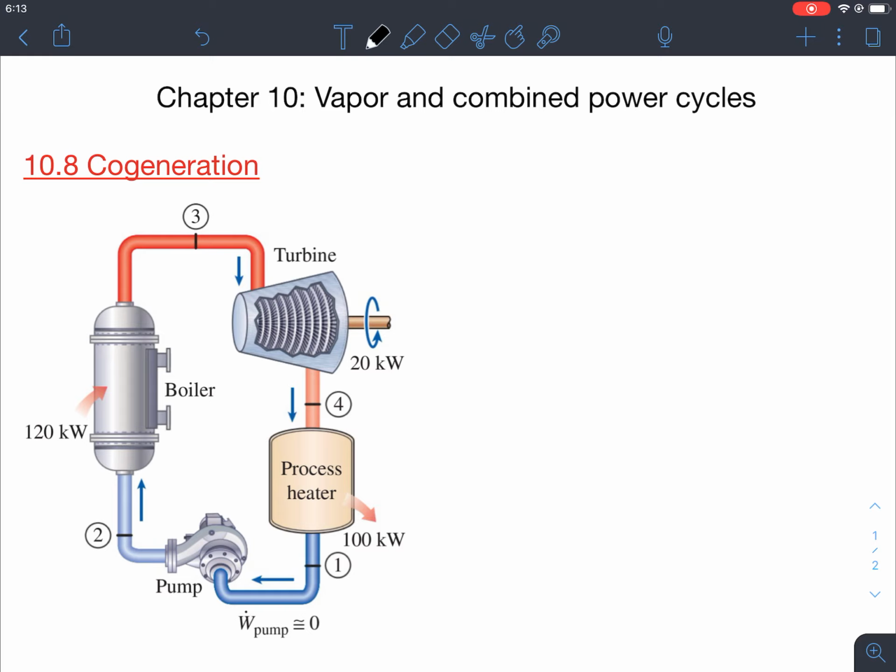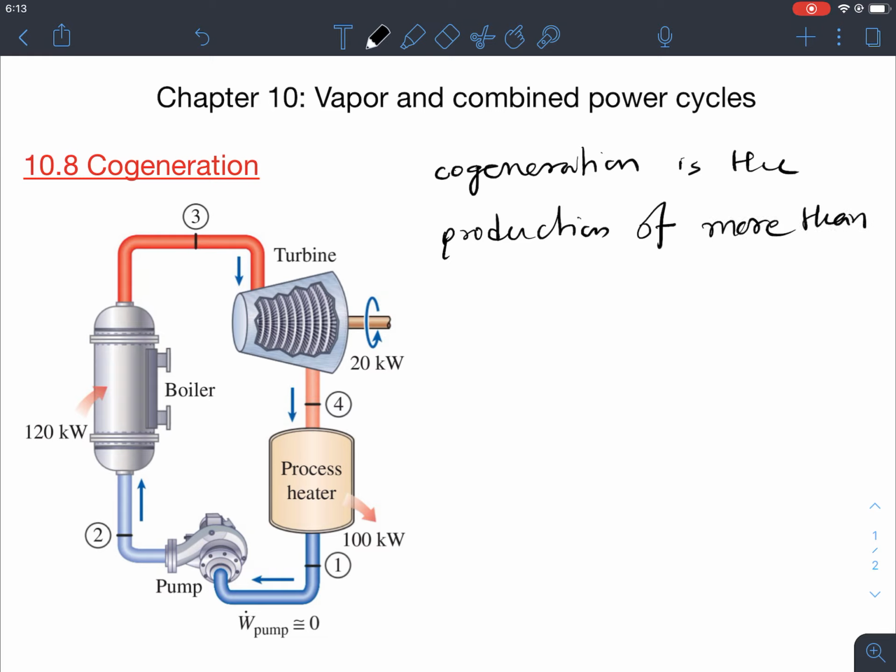So basically the definition of cogeneration is the production of more than one useful form of energy.